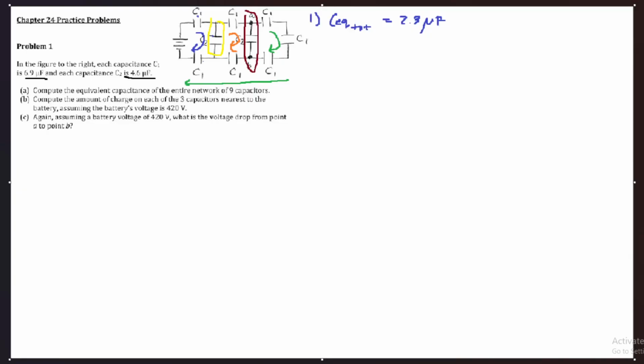Very simple. So now for the second one, it says compute the amount of charge on each of the three capacitors near the battery, assuming the battery's voltage is 420 volts.